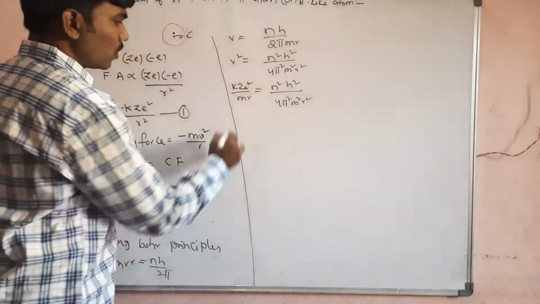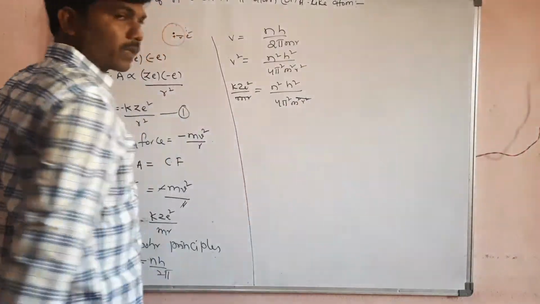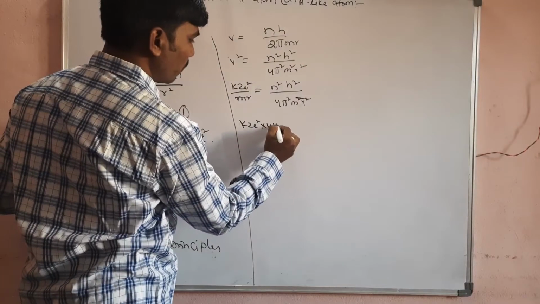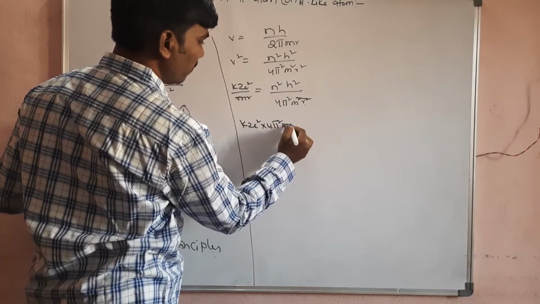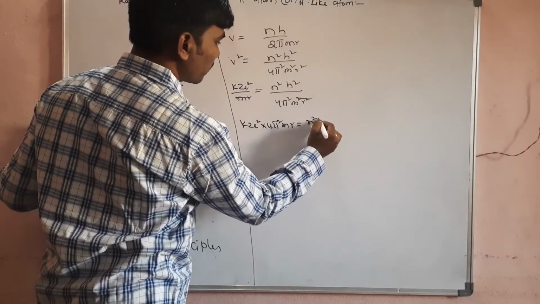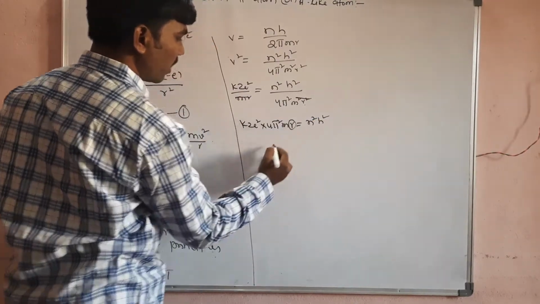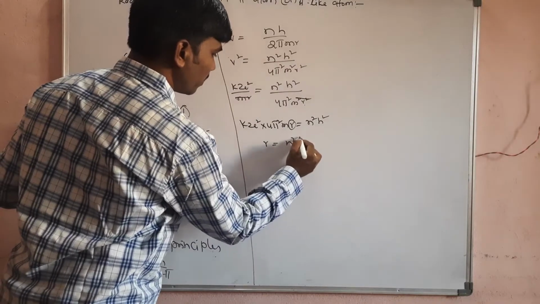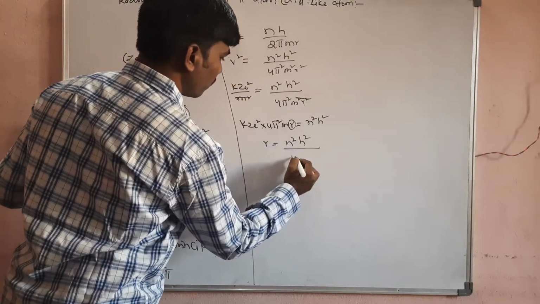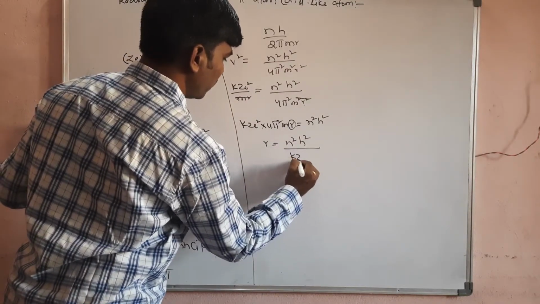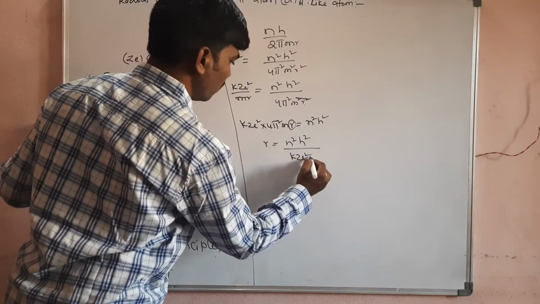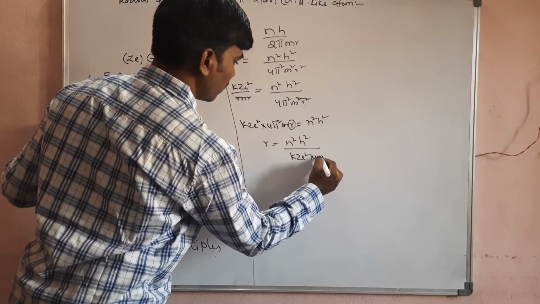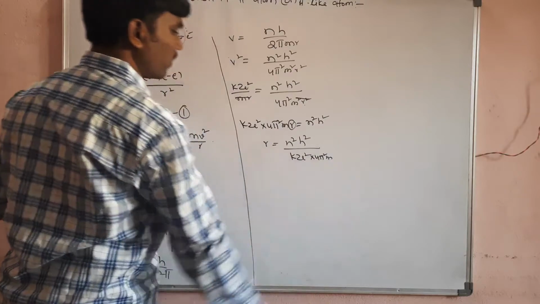But v square is equal to K Ze square by mr, so instead of v square I take K Ze square by mr equal to n square h square by 4 pi square m square r square. So mr gets cancelled, and we get 4 pi square m r K Ze square equal to n square h square. We want only r, so r is equal to n square h square by K Ze square into 4 pi square m.